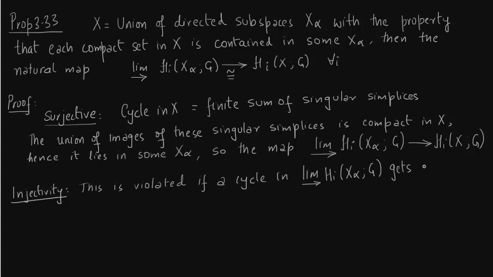But this will not happen because if a cycle in some set X alpha is a boundary in X, then compactness would imply that this cycle gets mapped to a boundary in some set X beta which is larger than X alpha. So you have injectivity.